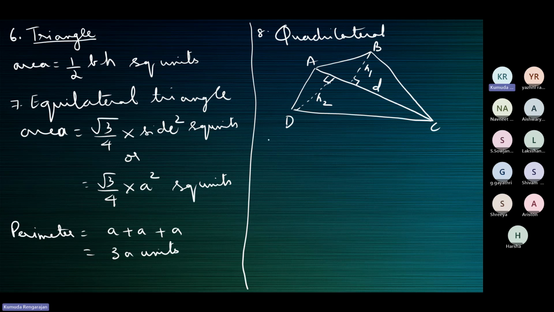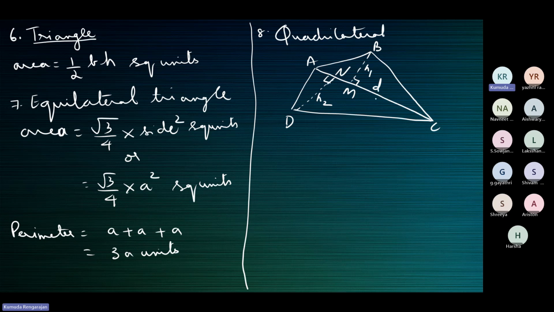Quadrilateral ABCD. Diagonal AC. I've used the letter D for that. D represents the diagonal AC, the length of the diagonal AC. BM and DN are perpendiculars from the opposite vertices B and D on the diagonal AC.